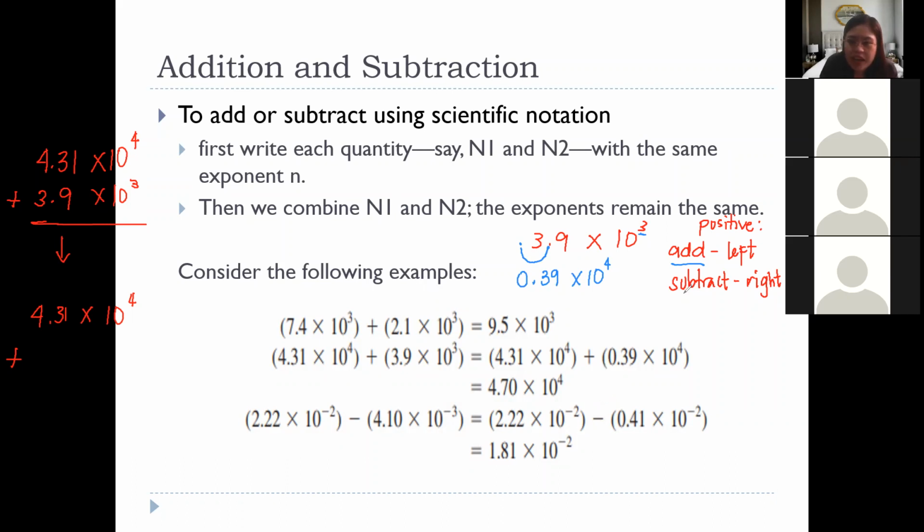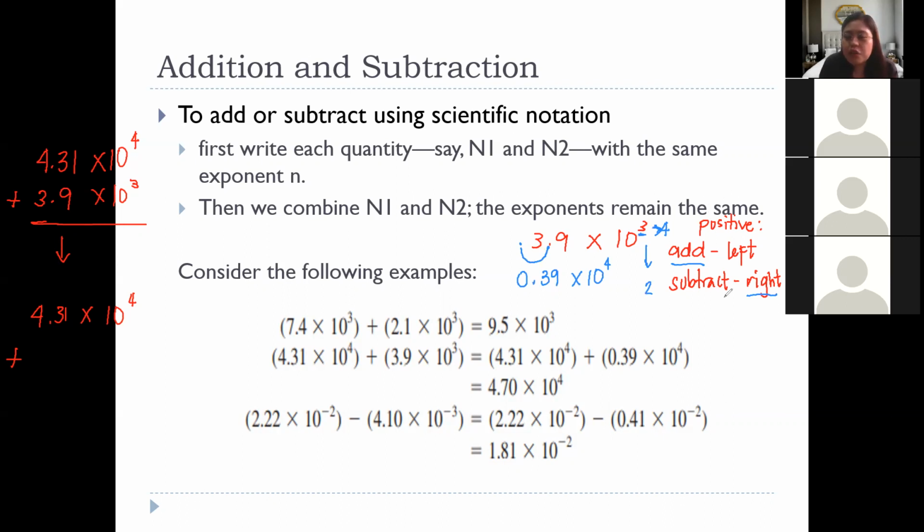So again, ang inyong tandaan, if mag-add ta, like this one, ang 3 himuon na to og 4, mag-add ta ana, we will move the exponent to the left. Okay? Pero pag mag-subtract ta, kung himuon nato ni for example og 2 instead of 3, then our movement should be going to the right.